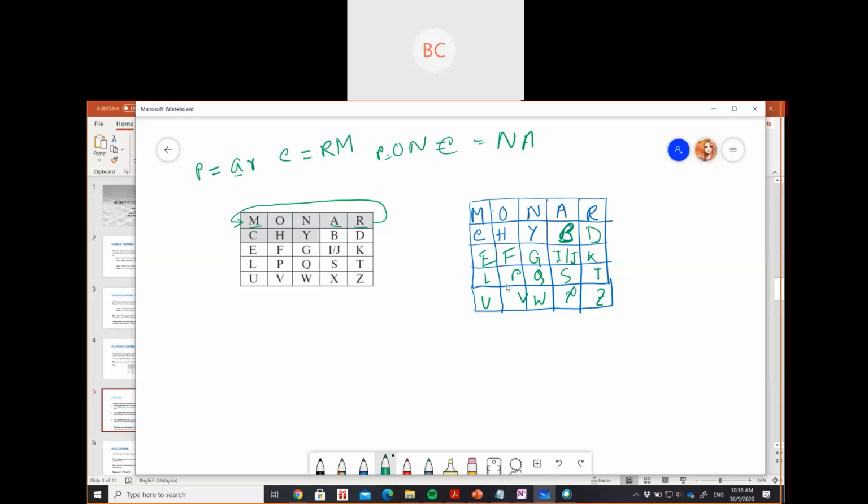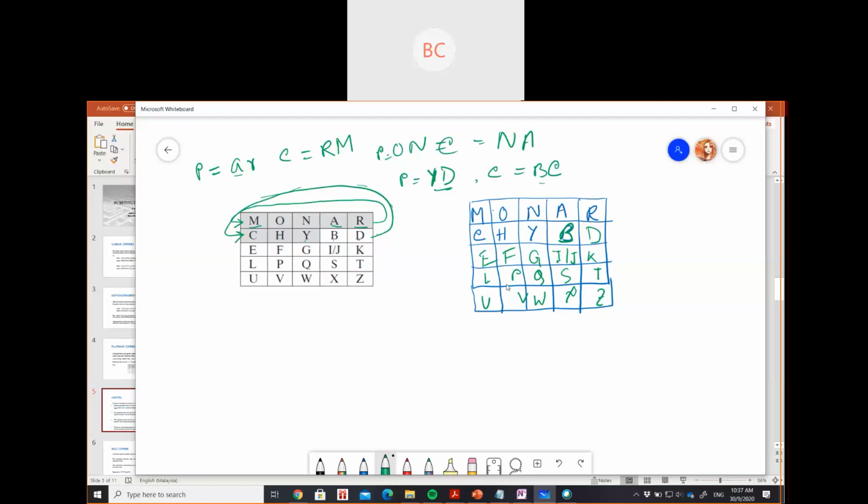Suppose your plaintext is again Y and D. According to the first rule, to the right of Y is B. Then D has no right side, so it goes back to the first letter in that row, so D will be replaced by C. So for YD, the ciphertext or encrypted text will be B and C.